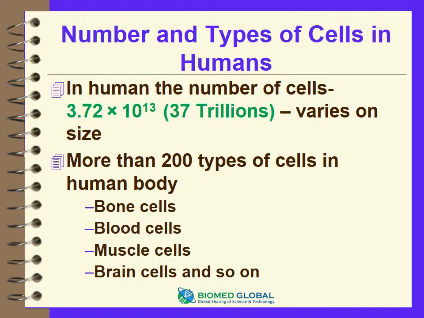You may want to know the number of cells in a human being and how many types of cells the human body has. As far as numbers are concerned, there are 37 trillion cells in an adult human. It can vary based on size and height. Regarding types, humans have 200 different types of cells, meaning bone cells, blood cells, muscle cells, brain cells, and so on.